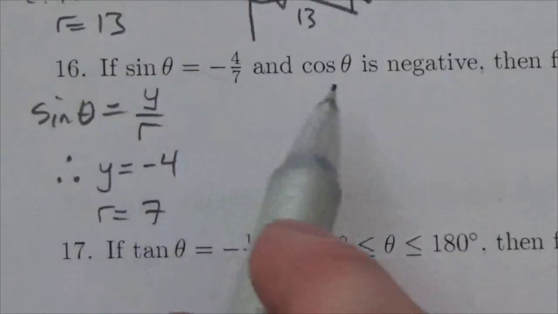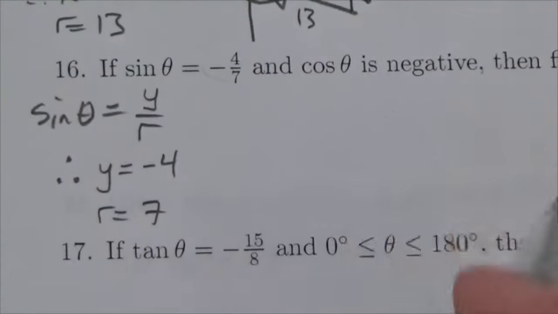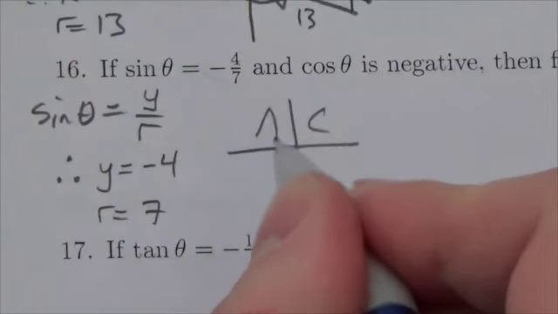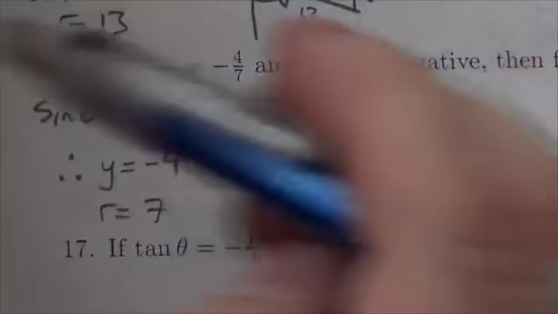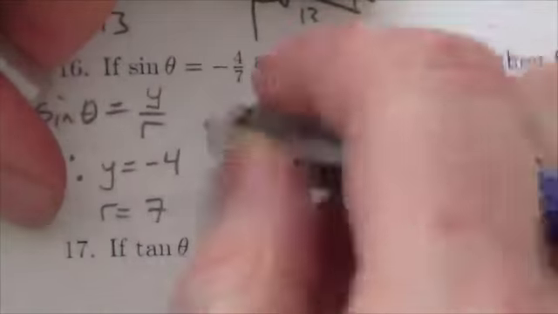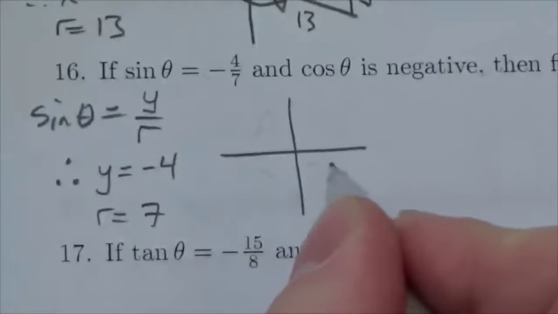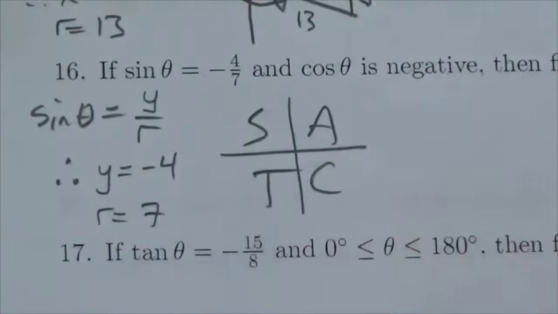Now keep reading. And cosine is negative. Okay, well if cosine is negative, we know based on the CAST rule, and I cannot believe I just did that. Oh my goodness. In my head, I knew that cosine was positive in the first quadrant of CAST. And so can't believe I wrote that.